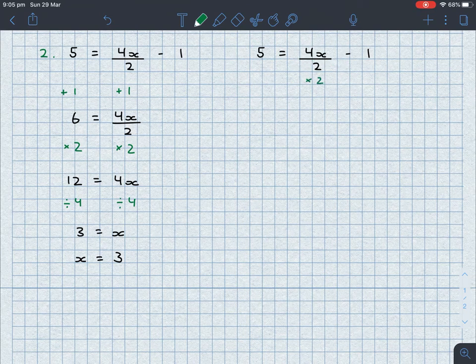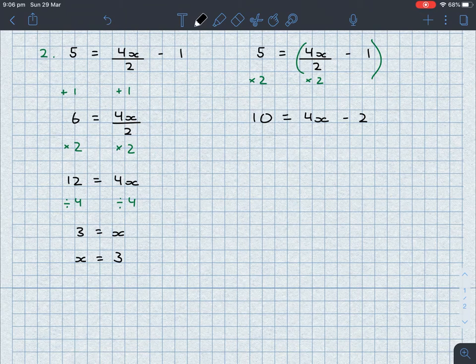So when I multiply by 2, I'm multiplying everything on the right-hand side by 2. So on the left, 5 times 2 is 10. Then 4x over 2, that 2 will cancel out and I'll just have 4x. And then when I times the minus 1 by 2, I get minus 2.